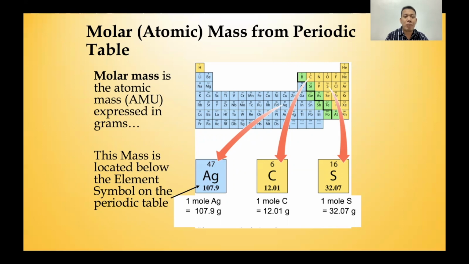And for sulfur, 1 mole is equivalent to 32.07 grams, which is also the atomic mass unit of sulfur. This is true also for the other elements. The mass is located just below the element symbol on the periodic table.